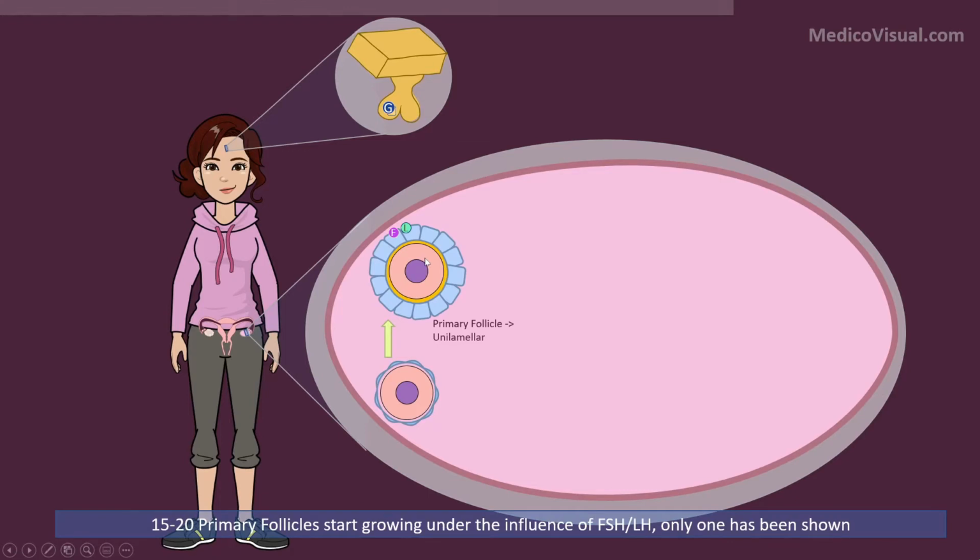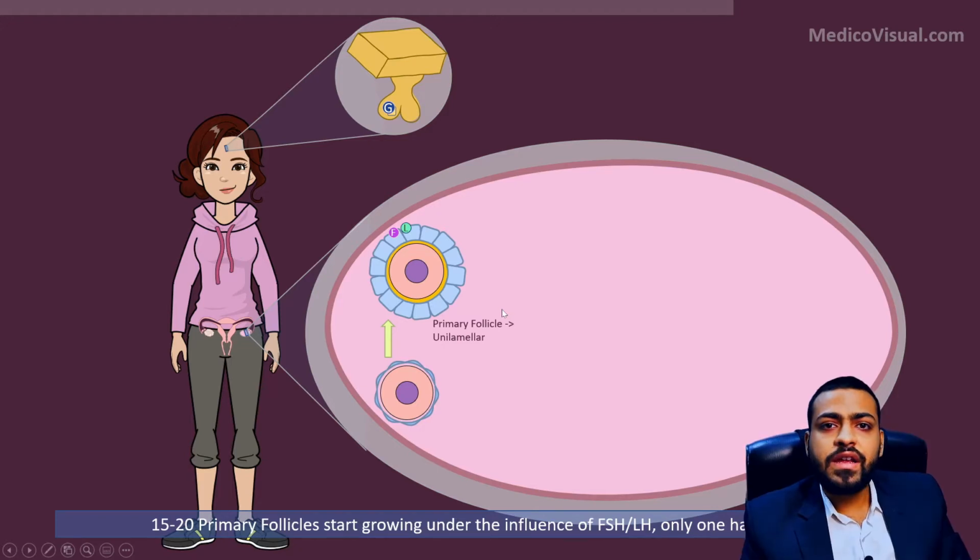So here another important thing is that from the primordial follicle up to the formation of the primary follicle, I mean the unilaminar primary follicle, it is said that it is independent of FSH and LH. From this point and beyond, FSH and LH are important.